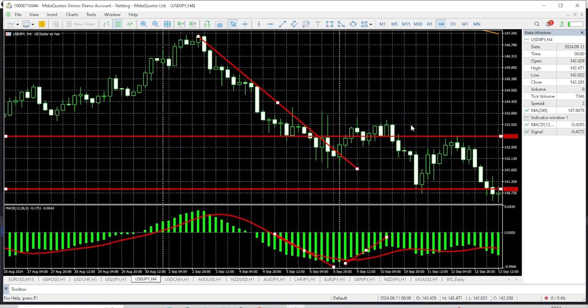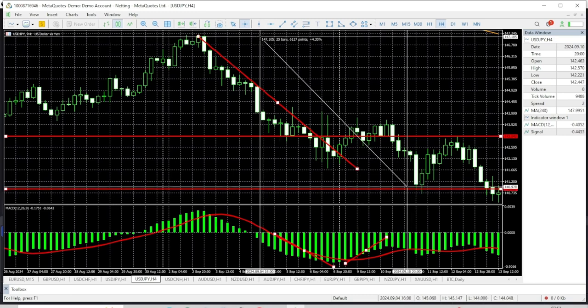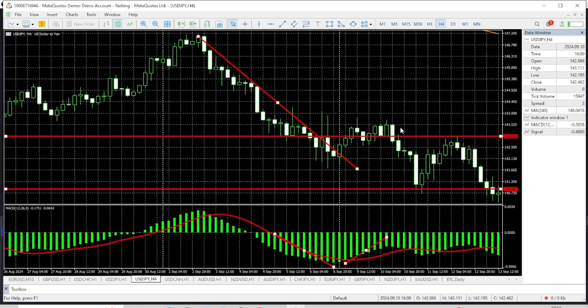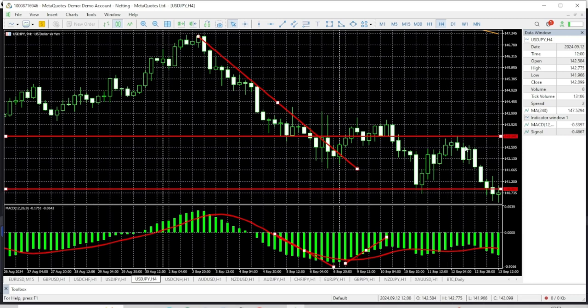Our exit would have been here, and of course when we entered here, our stop loss is going to be somewhere here. We want to be far away from the market. Actually, we'll be risking over 600 pips, but with this we have reduced that to about 200 and something pips.